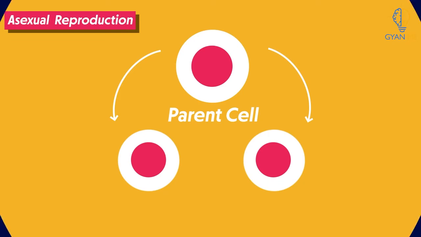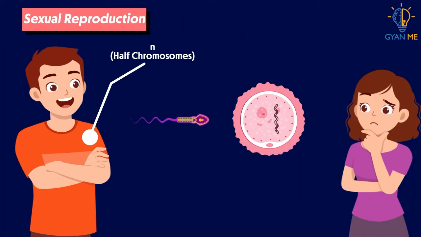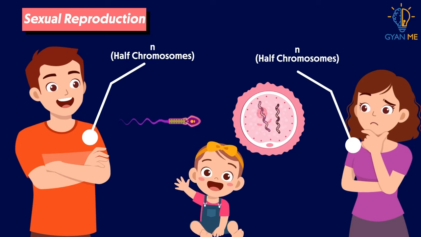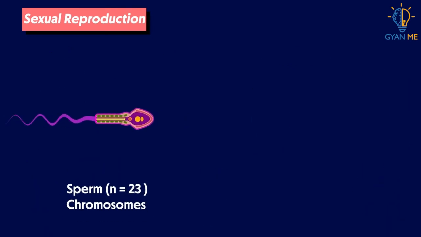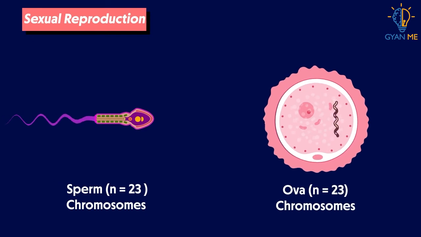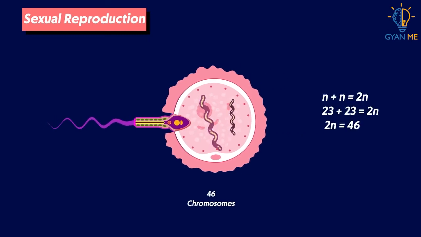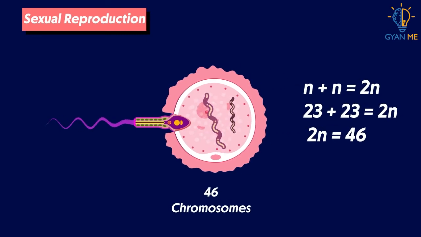But here, in sexual mode, half chromosomes come from one parent and the other half from the other parent. So in species like us, half the DNA comes from mom and another half comes from dad. Sperms from dad have half and the egg or ova have the half chromosomes.